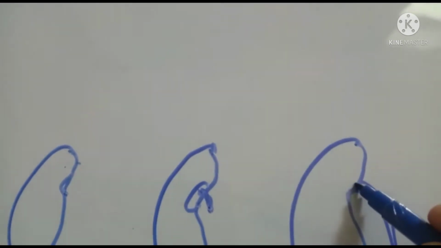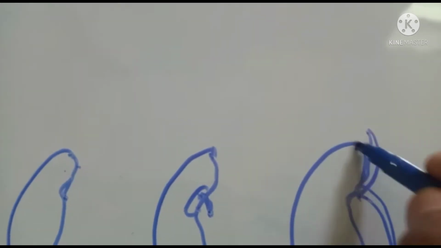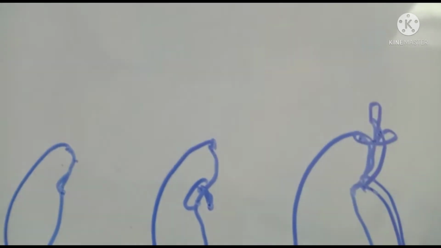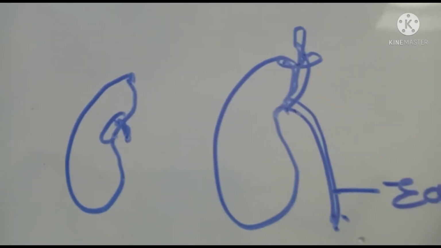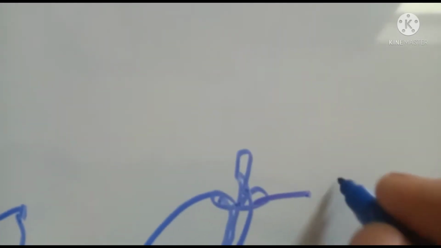Next step of this seed is here. This is the radicle, and here is the plumule.